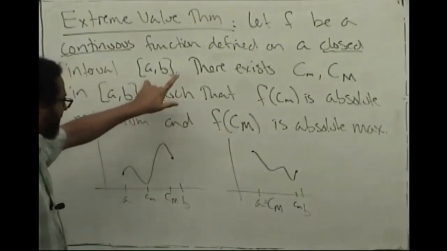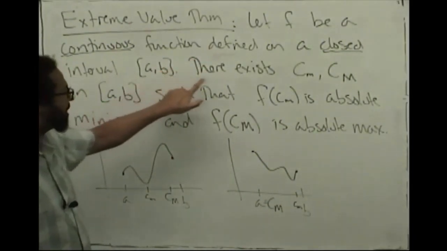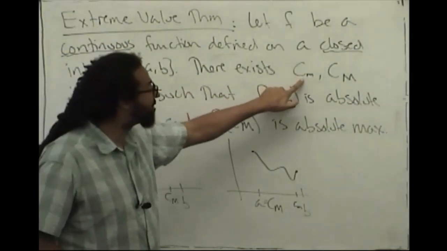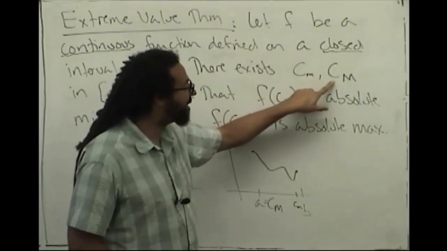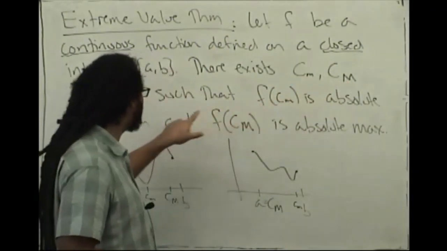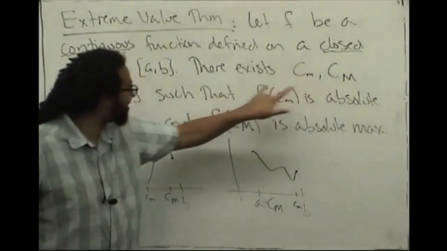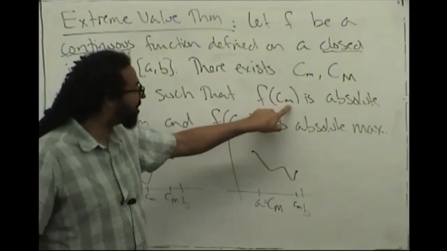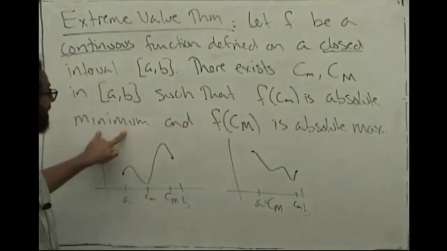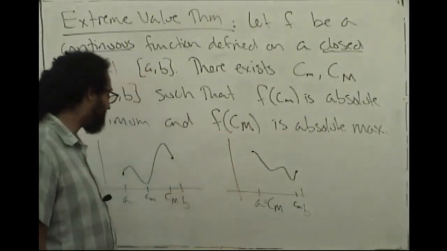So if you've got a continuous function on a closed interval, then there exist x coordinates, c sub lowercase m and c sub uppercase M, in the closed interval from a to b, so these two things live somewhere in here, such that f of c little m is an absolute minimum and f of c capital M is an absolute maximum.